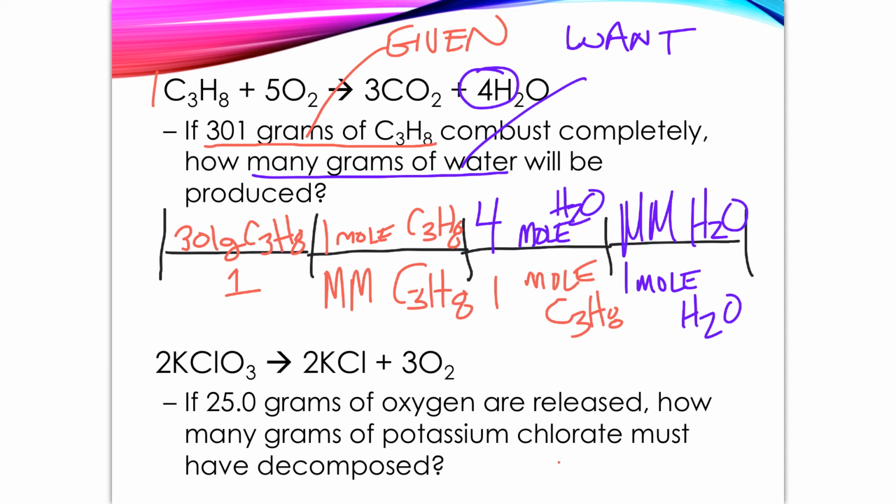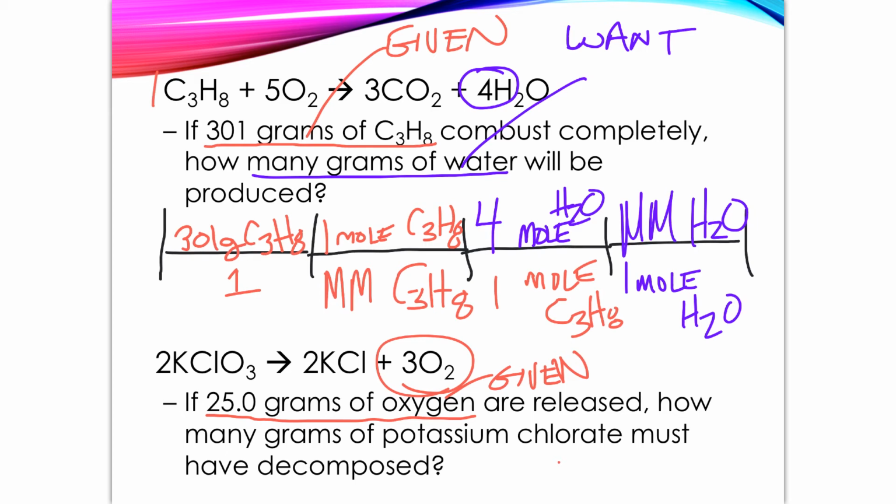Let's look at the second one here. The second one is 25 grams of oxygen. So that's my given. We're going to circle that because that's what we're going to be needing later. How many grams of potassium chlorate?